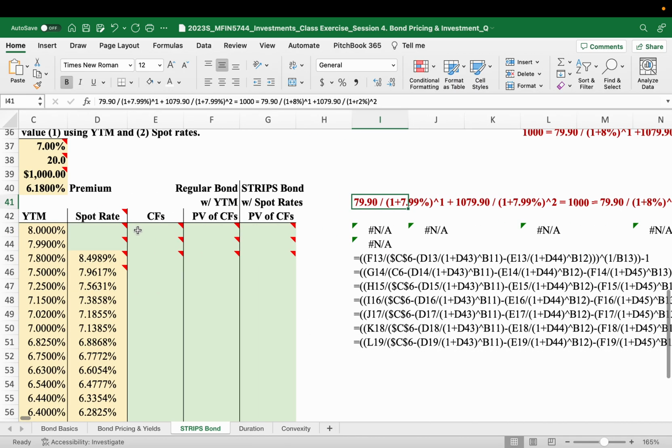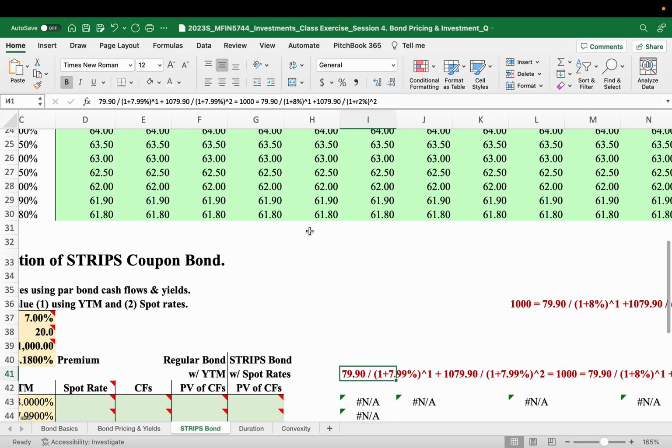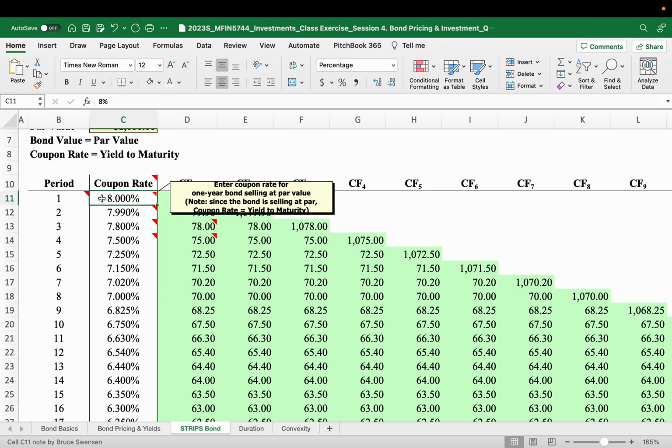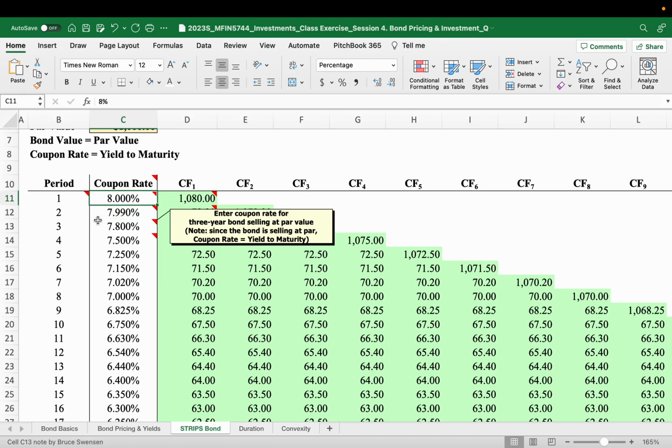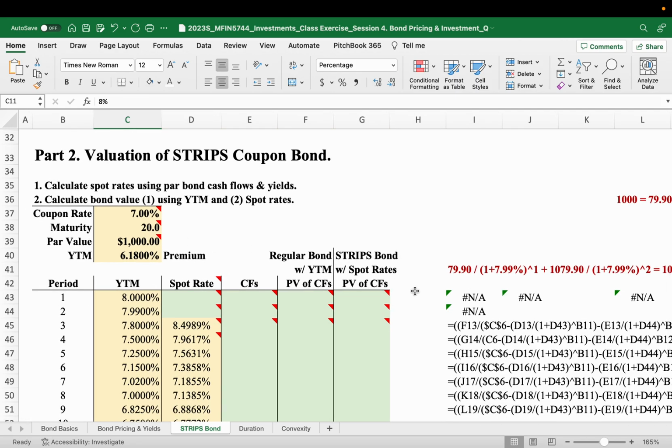If the coupon is 79.9, in this case, the coupon rate, year 1, year 2, if the bond is different, right? The coupon rate is 7.99% for the bond that has 2 years maturity. The bond coupon is 8%, right? How do we calculate the bond in the term structure?